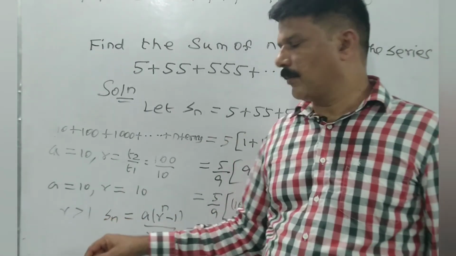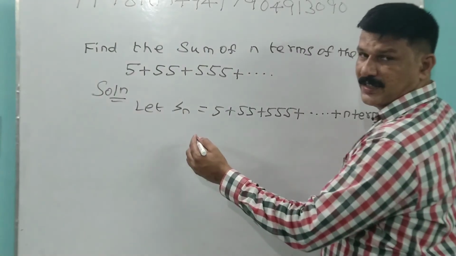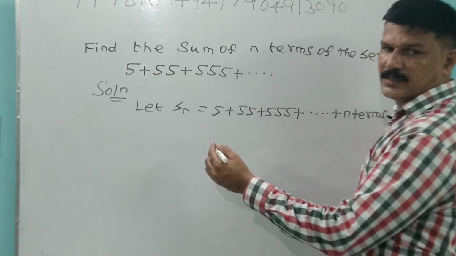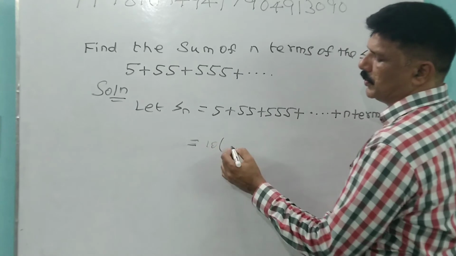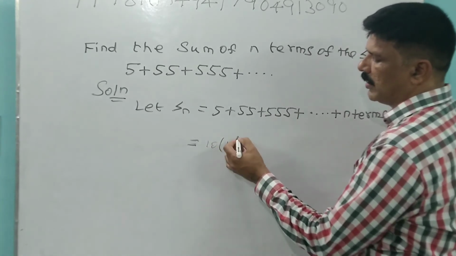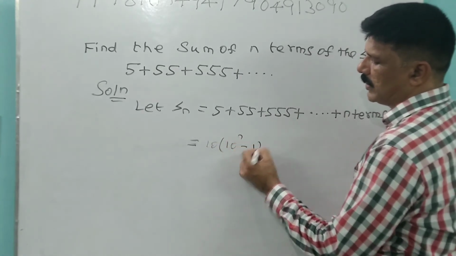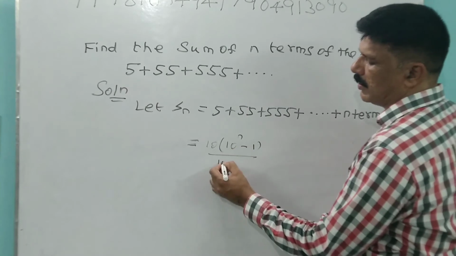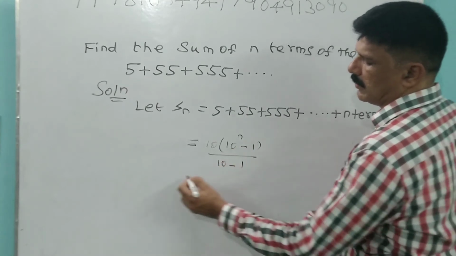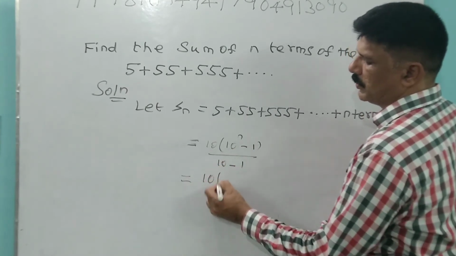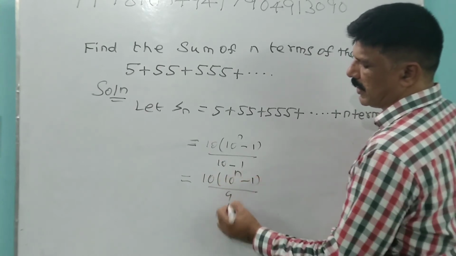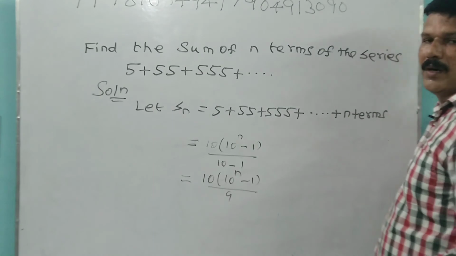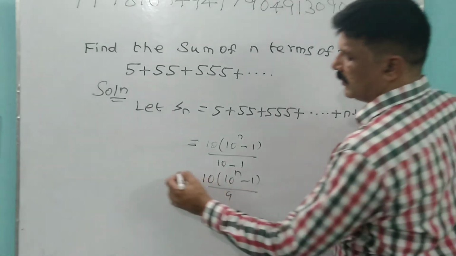So we use the formula. Sn for the first series is A into R power n minus 1 divided by R minus 1, equals 10 into 10 power n minus 1 divided by 9. This is the sum of the first series Sn.